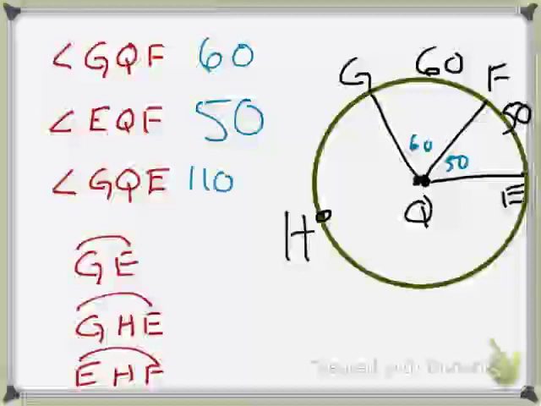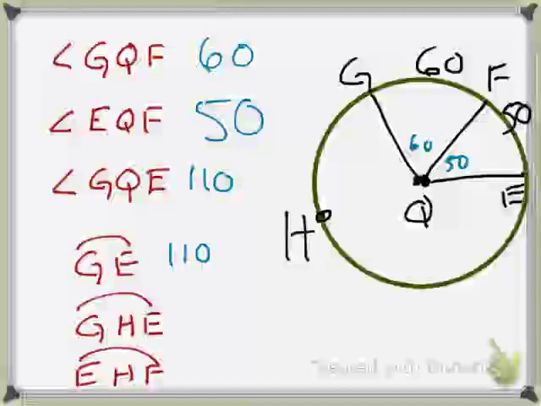We could think about either our angle addition postulate here, adding up the two angles we just calculated, or the arc addition postulate, adding up the two arcs and thinking about that full angle at the center then. Arc GE. 110, same as the last one. Arc GE is the arc that is cut off by angle GQE. So those would be equivalent.